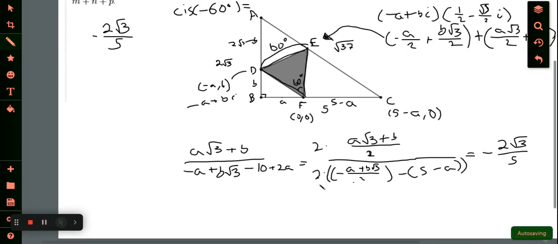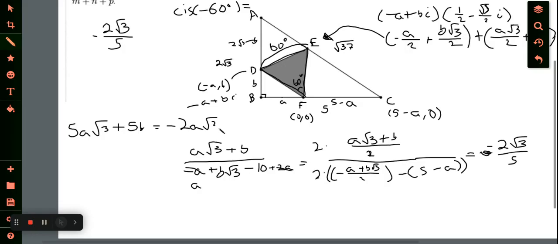And now we can just cross multiply: 5a root 3 plus 5b is equal to, now negative, don't forget the negative, 2a root 3. Or we can combine the like terms first: negative 2a root 3 minus 6b plus 20 root 3.